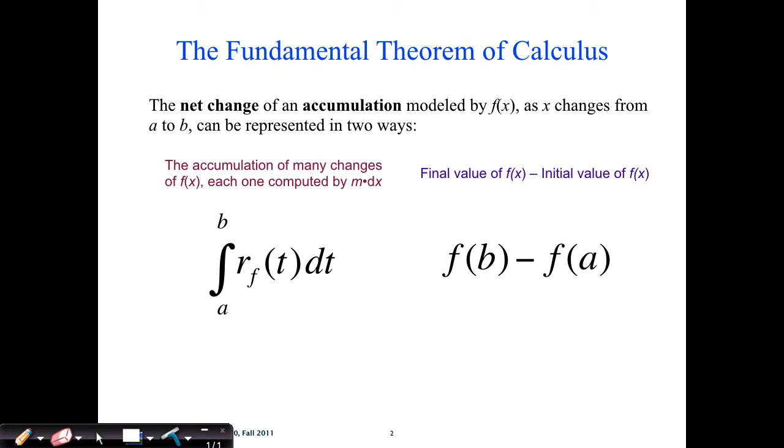So I can integrate a rate to find accumulation, or if I actually have an accumulation function, I can just subtract two values of it. In either case, they find the net change, or the change between 2 points in time. These are equivalent to one another, and this is what the fundamental theorem of calculus says.